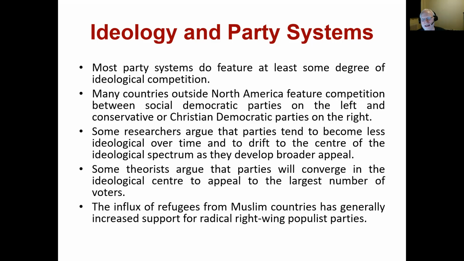You could put, in Canada, the Conservative Party on the center-right to right side, the Liberals on the center-left, the New Democrats on the left, with the Bloc and Green Party being a little bit more difficult, although you could put the Bloc usually on the center-left to left, and the Green Party often on most other issues on the center-left to left as well.